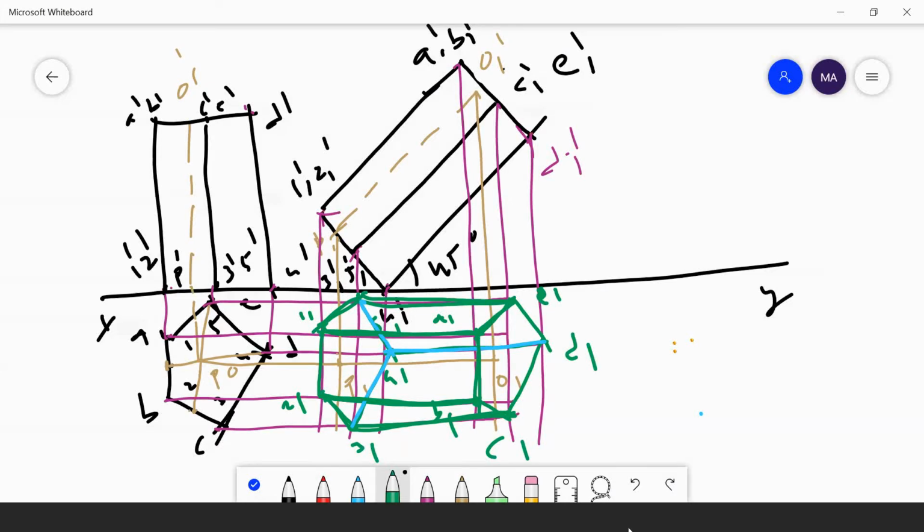We have drawn differently here. This axis line will coincide. This axis line will be passing like this. This axis line also coincides with this B point.